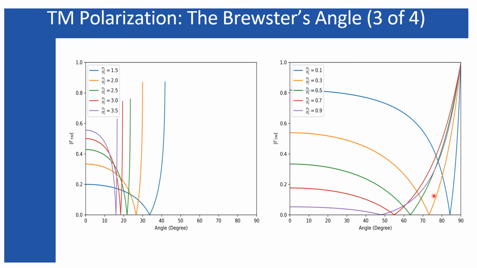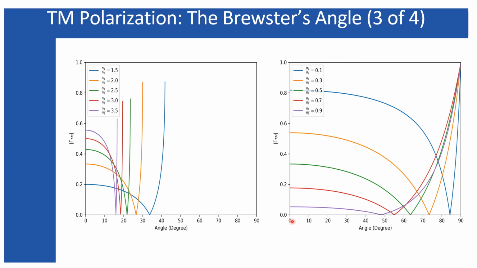From here you can see easily that initially the reflection is high, because the y-axis I have shown over here is the magnitude of the reflection coefficient, and on the x-axis is the angle, which I'm traversing from 0 to 90 degrees. 0 is normal incidence and 90 degrees is tangential to the interface.